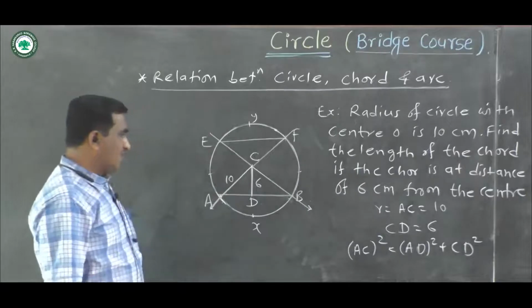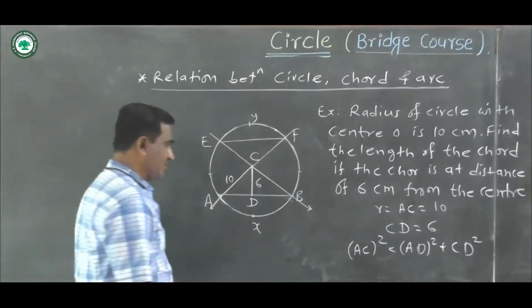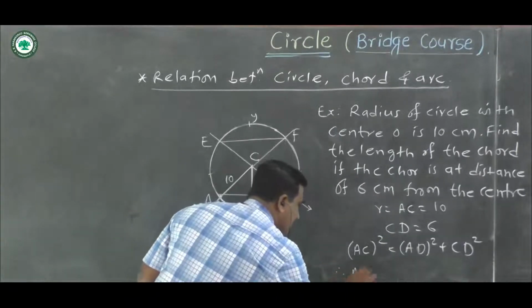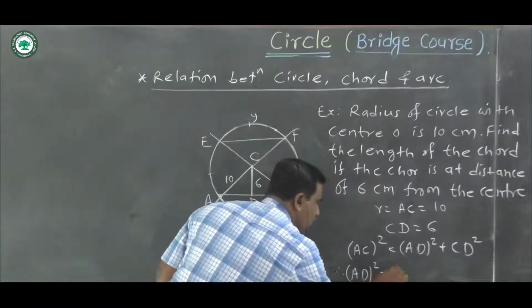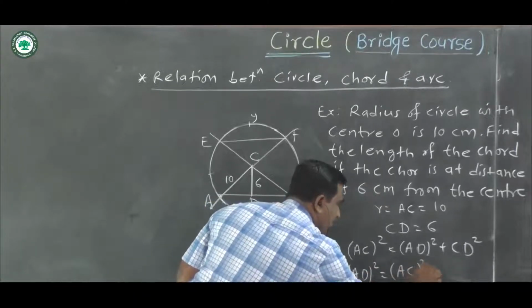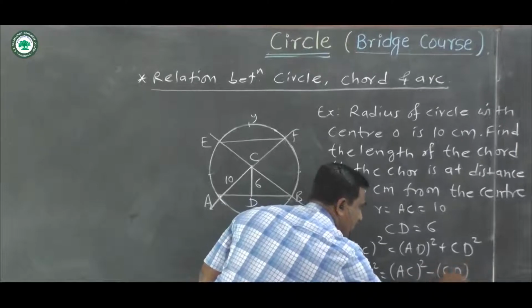Now we have to find segment AD. Therefore we can write AD square is equal to AC square minus CD square.